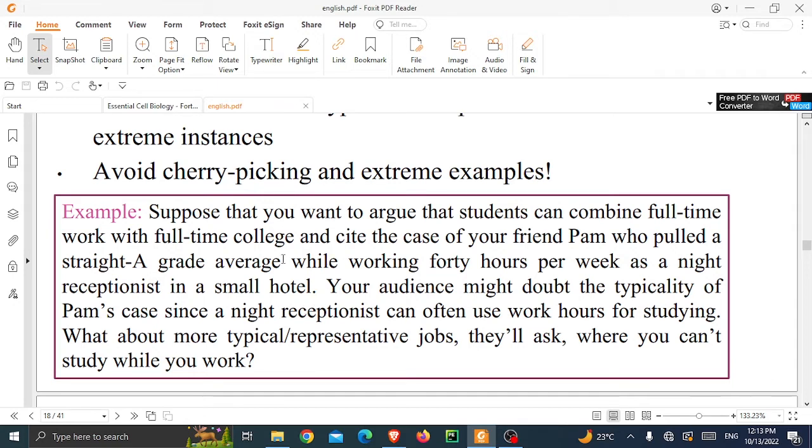He cherry-picked that evidence, because not all full-time jobs have such shifts, and working as a receptionist makes more time available for studying while at work, and some other work doesn't, like McDonald's, working at a fast food chain, or working as a dishwasher in a restaurant. You can't have that time to study in these kinds of jobs. So that is a clear example of cherry picking.